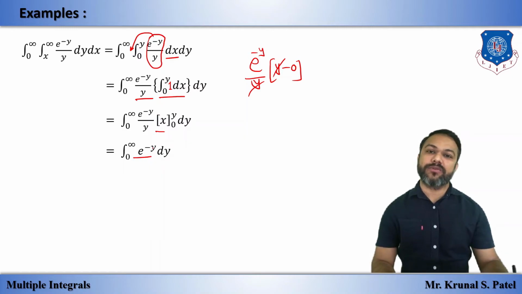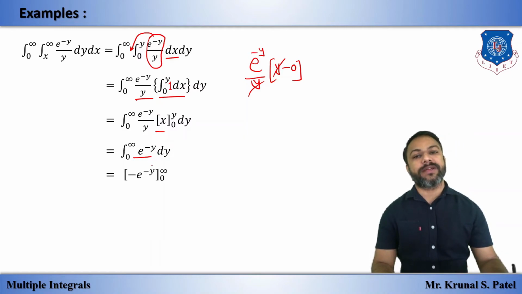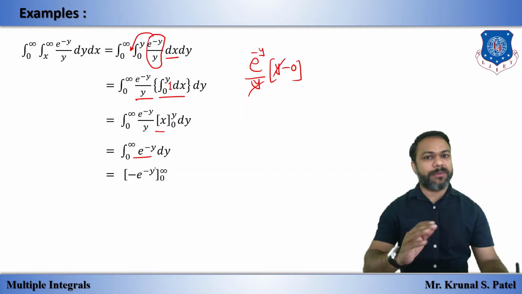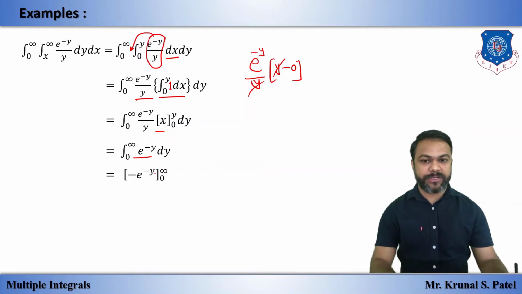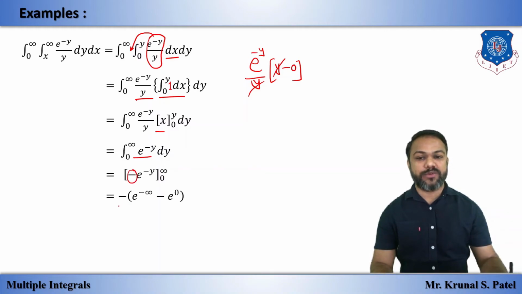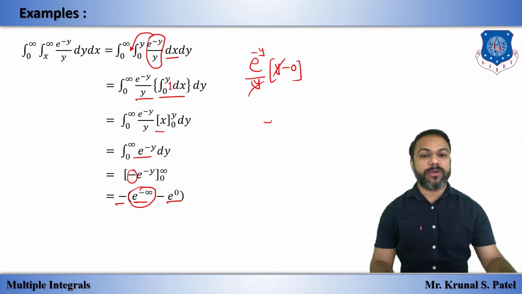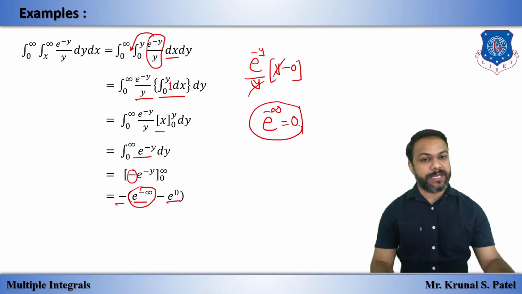And now with respect to y, e raised to minus y upon minus 1. I take this minus outside, and upper limit minus lower limit gives e raised to minus infinity minus e raised to 0. E raised to 0 is 1, and e raised to minus infinity is 0, as we have discussed previously.